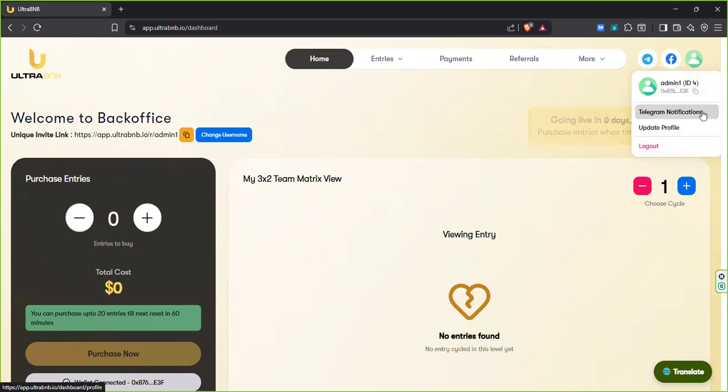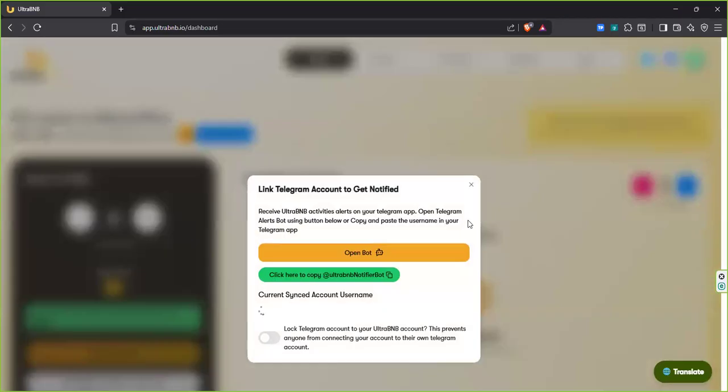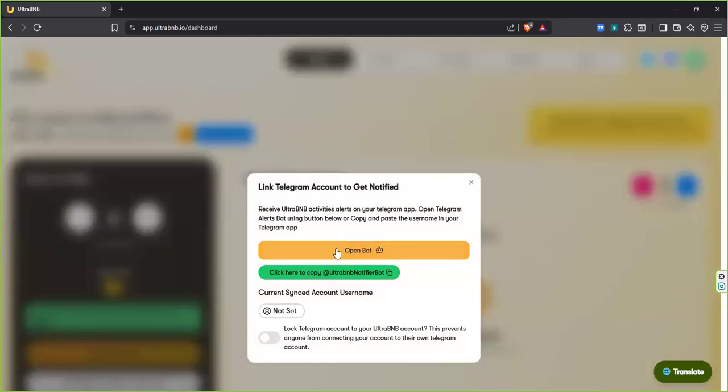If you wish to connect your Telegram to your account, your back office, you can do so by clicking on Telegram notification, and then you can open the bot directly from here, which will take you to Telegram and open the bot for you to click the start button. It will then request your registered wallet address, which you send to them, and then it will connect your account.